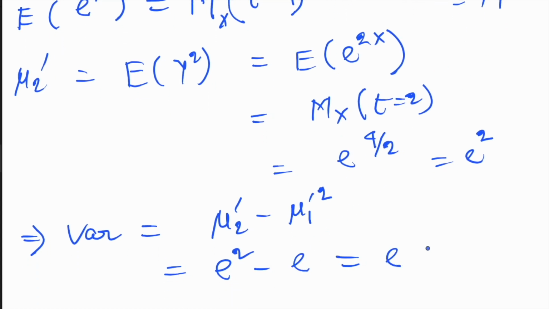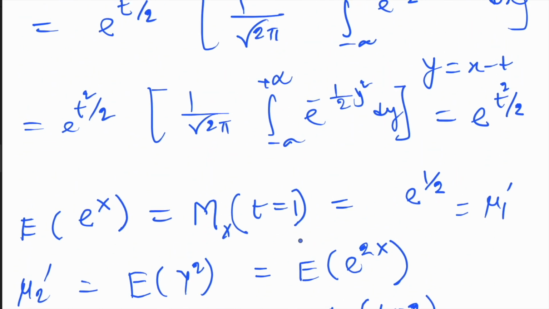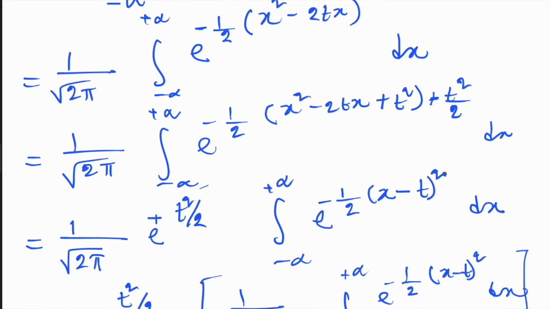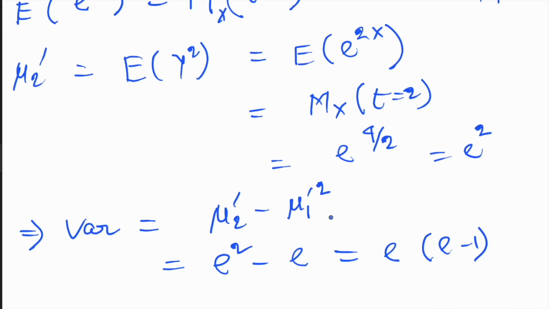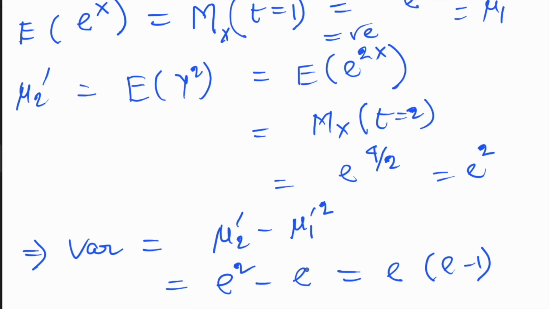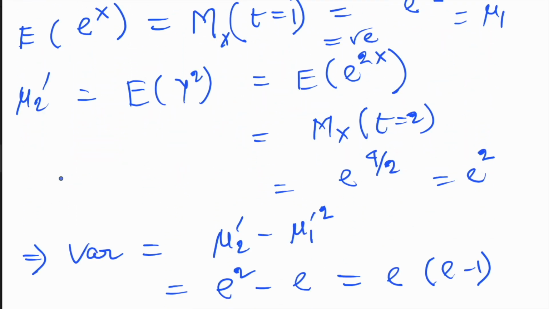If we take e common, we get e into e minus 1. So that means this is a log normal distribution with mean root e and variance e into e minus 1. So that is the answer.